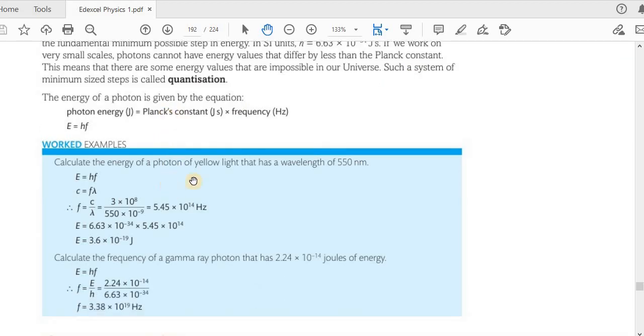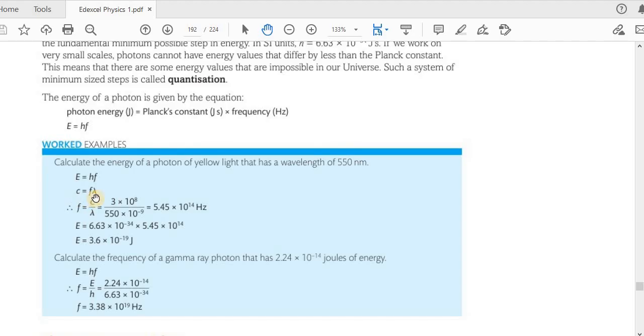Let's use this equation now. This is a very important equation. You should know it. Calculate the energy of a photon of yellow light that has a wavelength of 550 nanometers. Very simple. For this, you know the wave equation v = fλ. When it comes to electromagnetic waves, since they travel at the speed of light in vacuum, we can replace the v with a c.